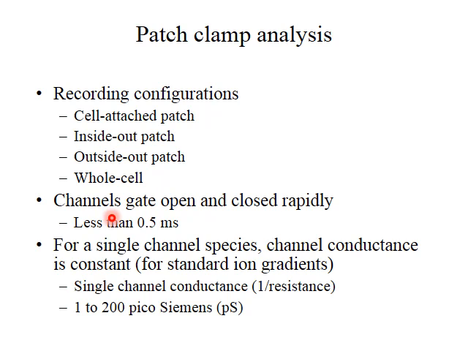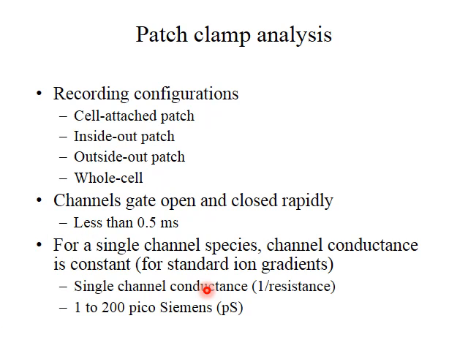As I've already mentioned, we've learned some very important things about the properties of ion channels using the patch clamp technique. One of these is that the transition from a closed state to an open state occurs essentially instantaneously, in well less than a half of a millisecond.